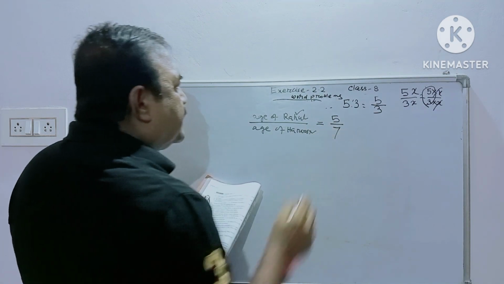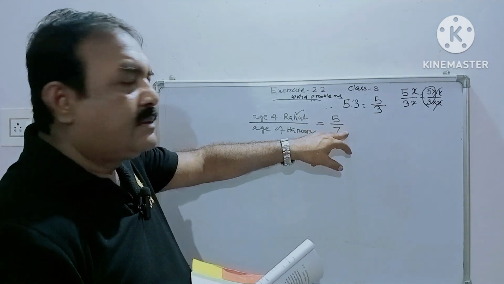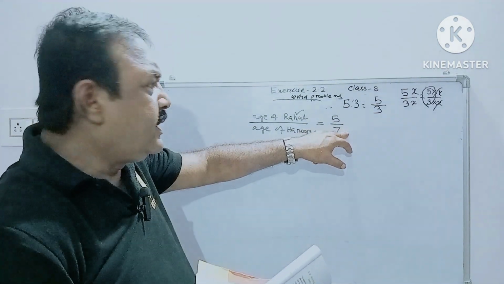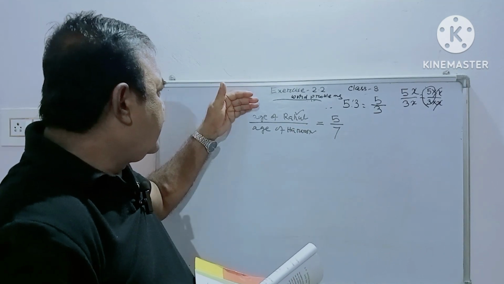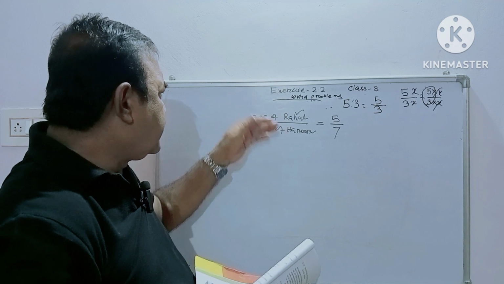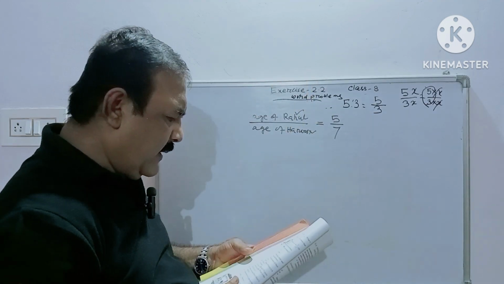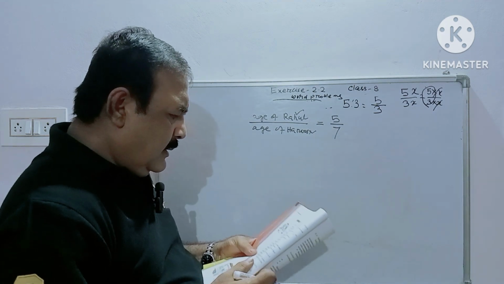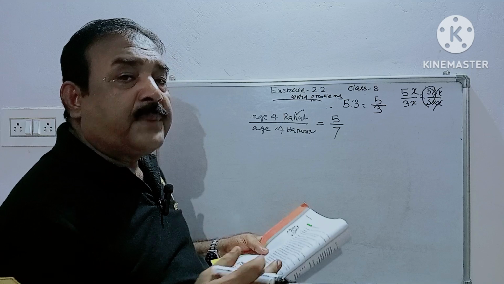That means 5 upon 7. This ratio is the relative size, 5:7. It has been asked, what are their present ages?